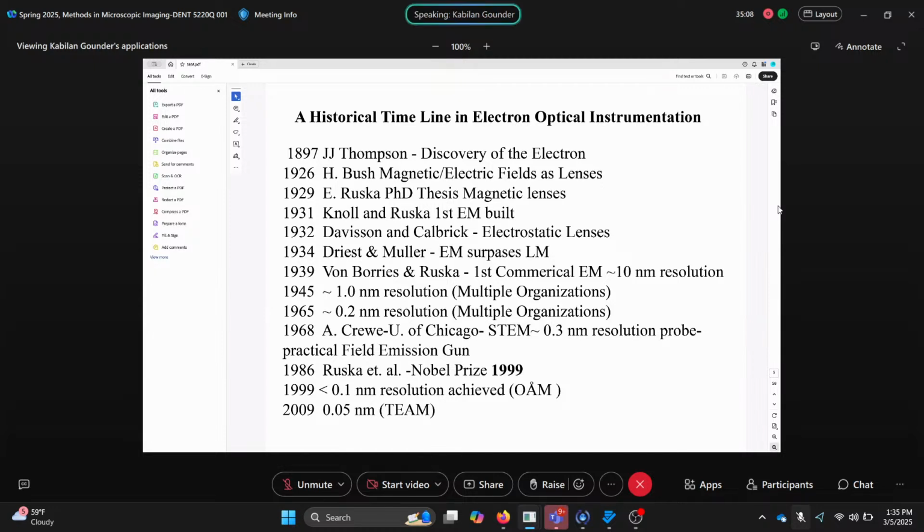Also, Ruska et al. got a Nobel Prize for this in 1986. So now we can achieve 0.1, and now 0.05 nanometer, and we are also able to analyze samples.